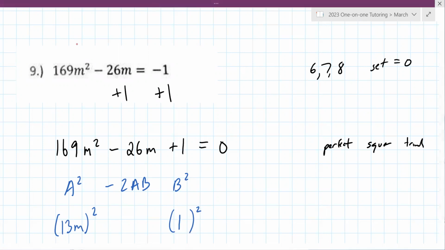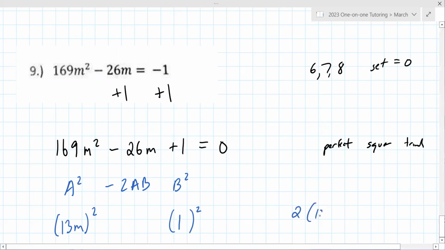So you've kind of answered it, but is 2 times 13m, which is a, and times 1b, is that 26m? No. What is 2 times 13 then? Oh wait, no, yeah, it is. It is, and that's what you want. Like if this doesn't work, then it is not a perfect square trinomial. That's not negative, but that's okay. That just means you've got to put the negative between them there.